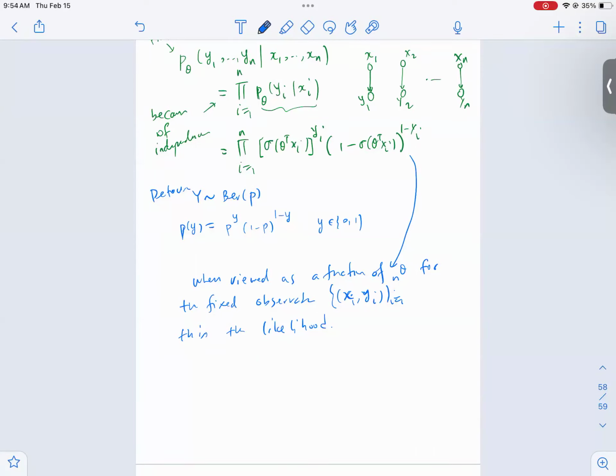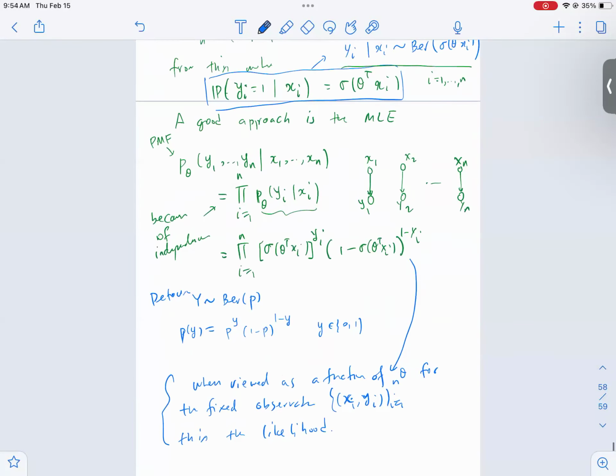Likelihood is the statistician's view, which is the opposite. I observe y1 up to yn, and now I want to see which parameter would make this more likely. So I look at different parameters. You fix y1 to yn, and the x's are fixed, and then you view this as a function of theta. It's a subtle distinction, but it's very important. The statistician sees just one observation, but I have many different models.